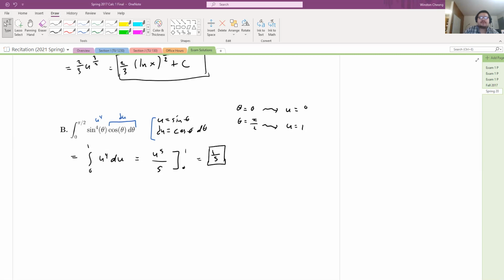His Calc 1 material is what you want to look at, primarily, because he has a tendency to work on much harder integral problems just because integrals end up being more interesting. But that's when you get to Calc 2 level material.